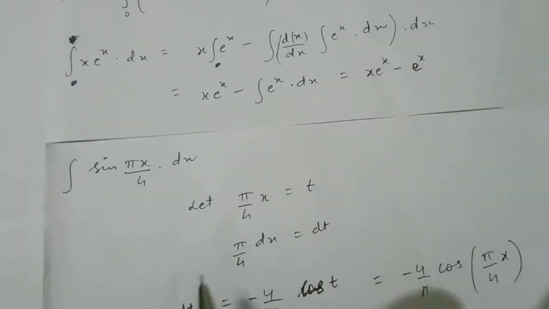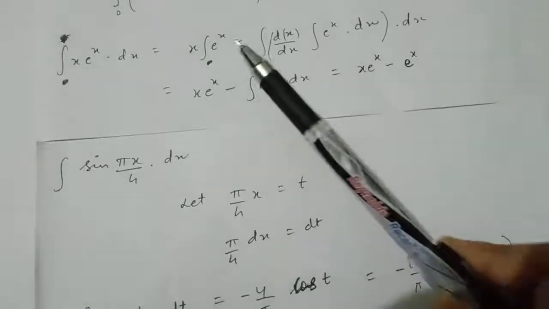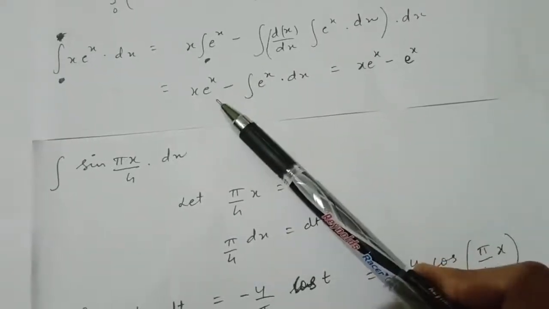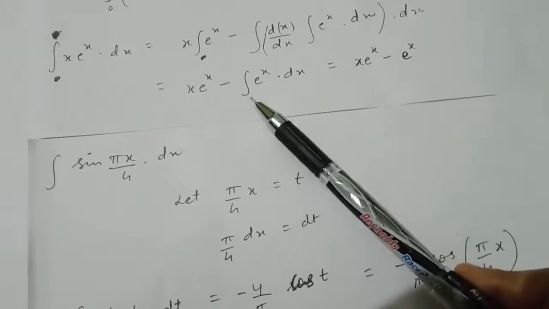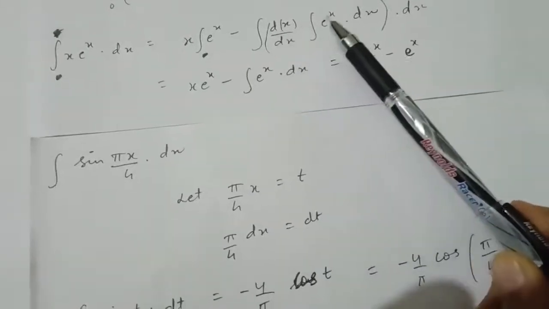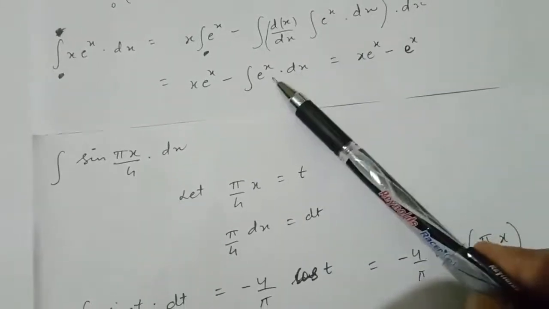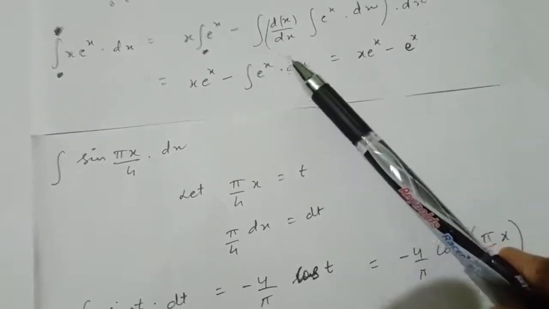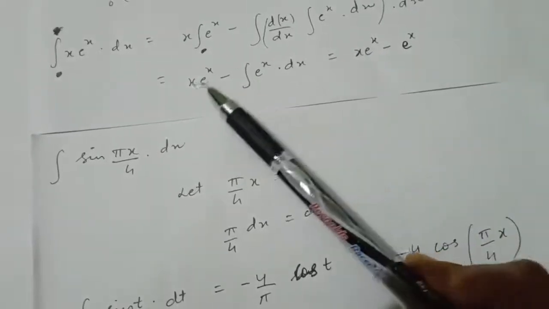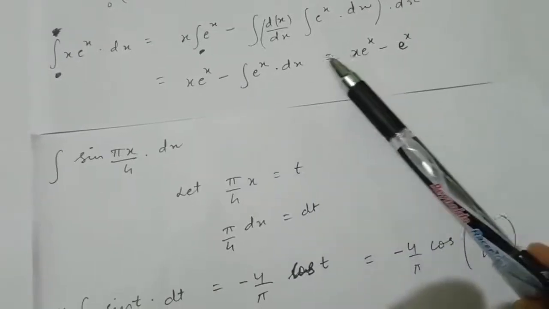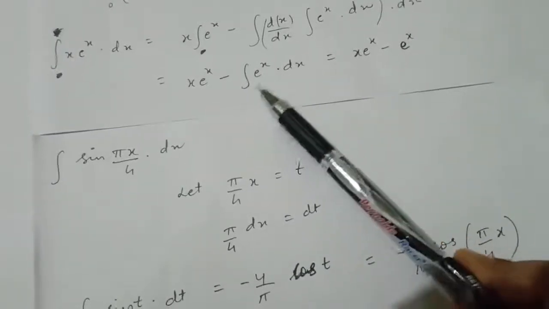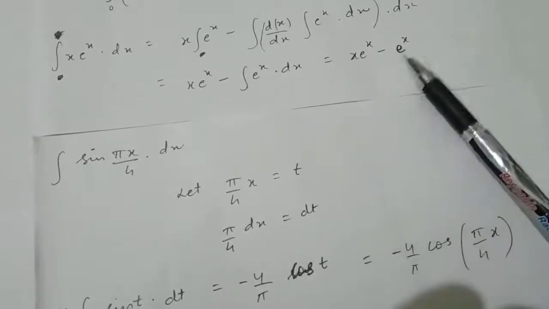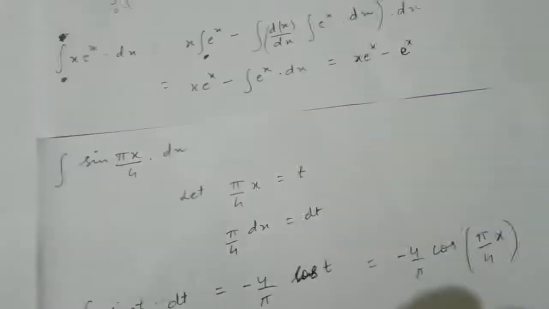So x as it is, integral of e raised to the power x is e raised to the power x, minus integral of, now this is 1 and this is integral of e raised to the power x, which is e raised to the power x only, into dx. Now this term as it is minus, see, integral of e raised to the power x is e raised to the power x only, right?